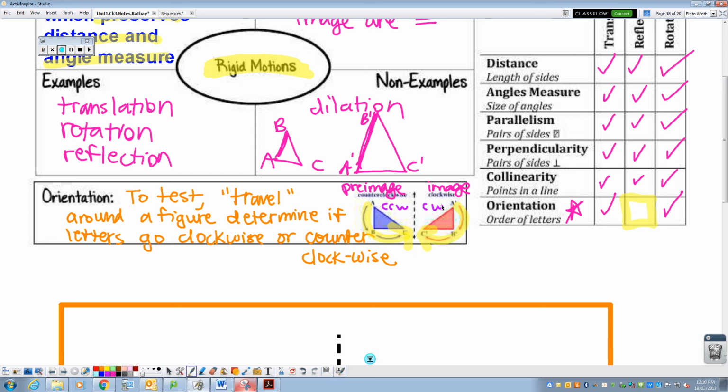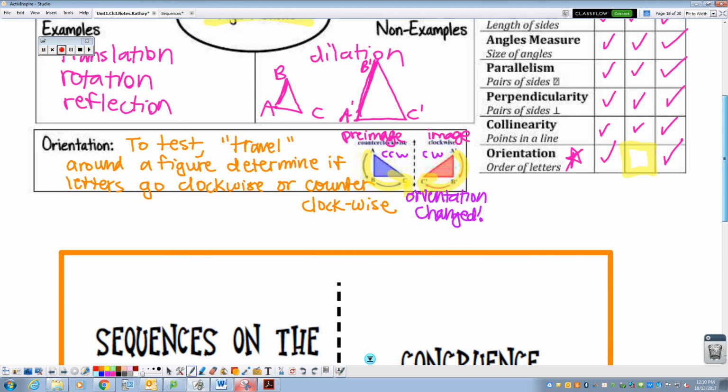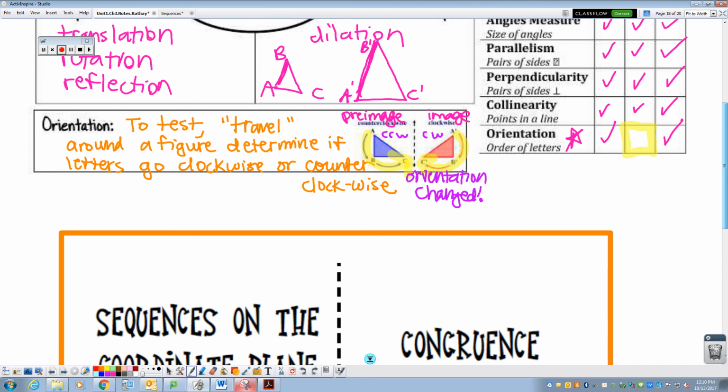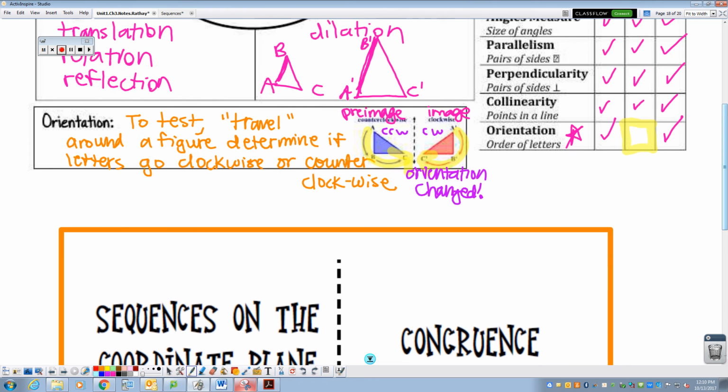And because that changed, this is an example where the orientation has changed. And reflections are the only ones that do that. When you translate, it's going to stay the same. You might not think it at first, but when you rotate, it actually stays the same for that also. So this is a nice test to see if something has been reflected.